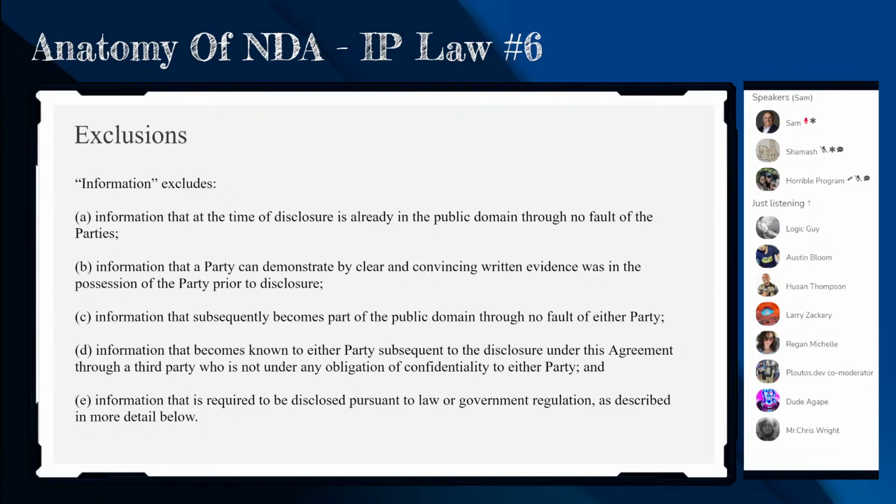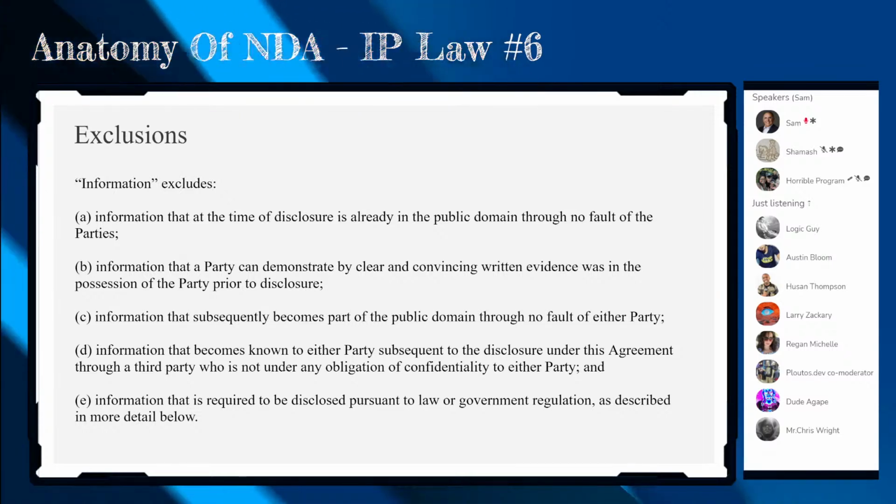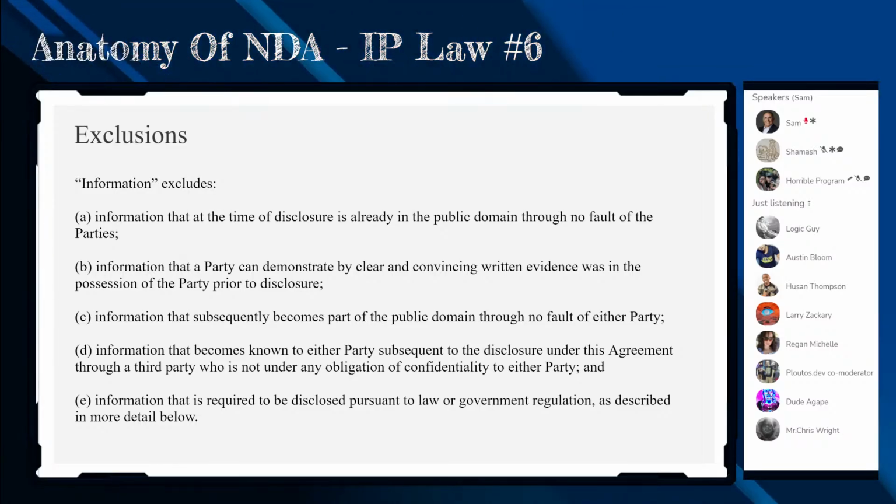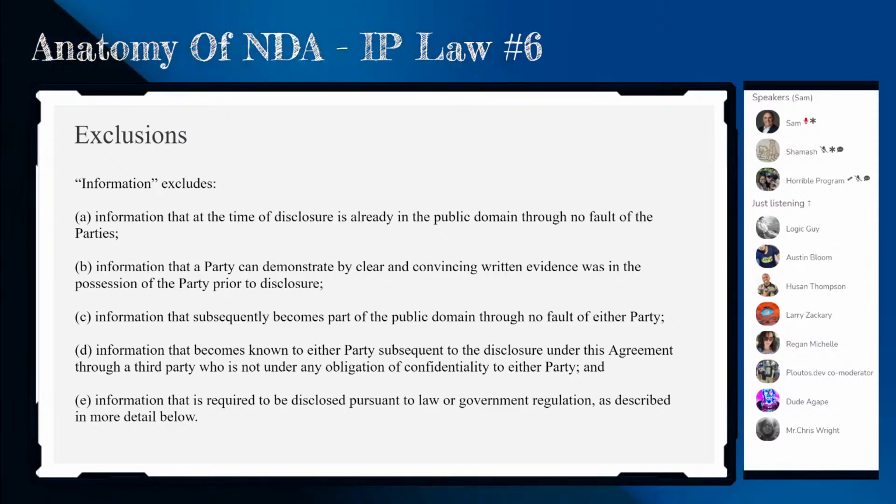Information that a party can demonstrate by clear and convincing written evidence was in the possession of the party prior to disclosure. So I've been working on the same stuff as you have. We want to see if a merger between us would be good. We exchange information. I say no, the merger is not to my benefit. We walk away.